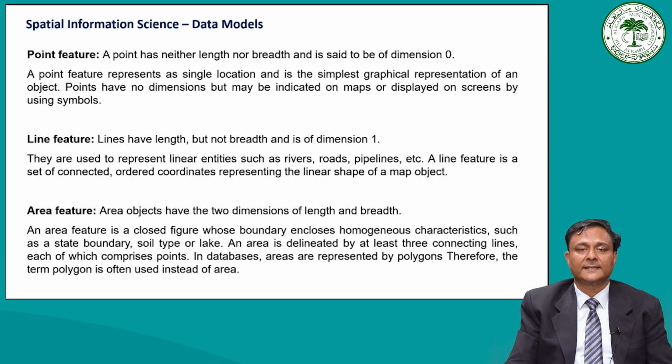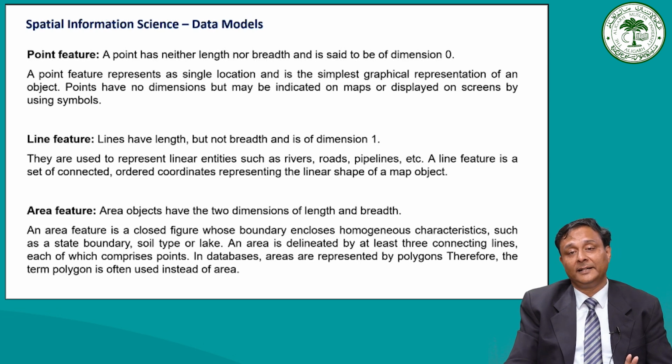A point is the simplest graphical representation of an object because it is zero dimensional. Points have no dimensions but are indicated on maps or displayed on screen using symbols. The corner of a property boundary is a typical point as it is the representative coordinate of that building.